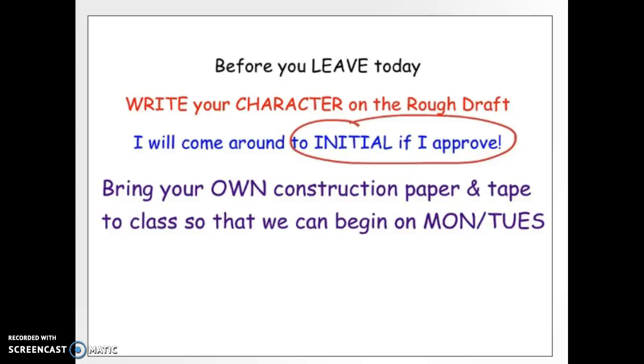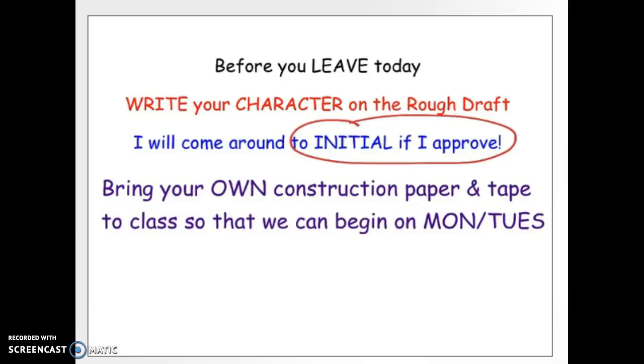So, what I'll need you guys to do is I'll post an announcement in Google Classroom, and you guys can write what character you're going to do, and if I don't respond, then that means it's good to go. If I respond to you, then you're going to know that it's not good to go.